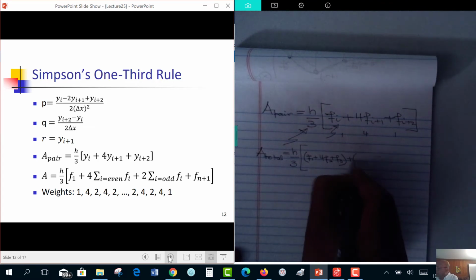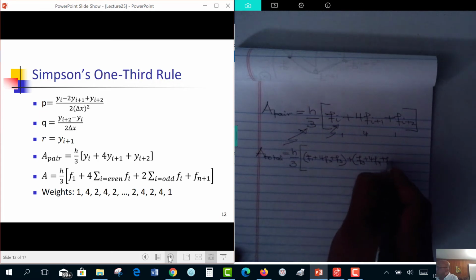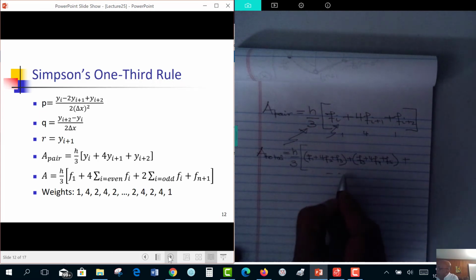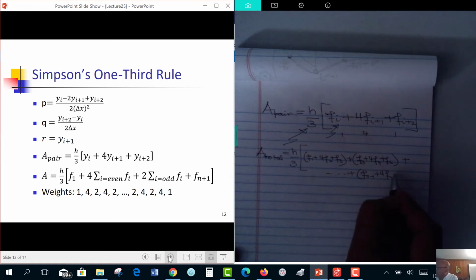For the second pair, we are going to write f3 plus 4f4 plus f5. On and on and on. For the last pair, we are going to write fn minus 1 plus 4fn plus fn plus 1. Oh, not 4, just 1.